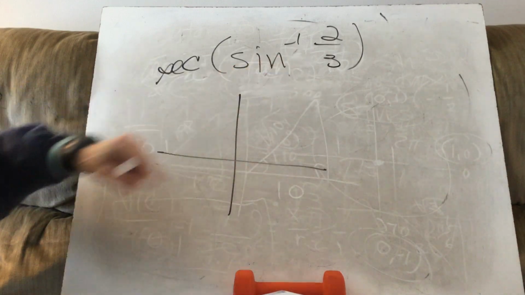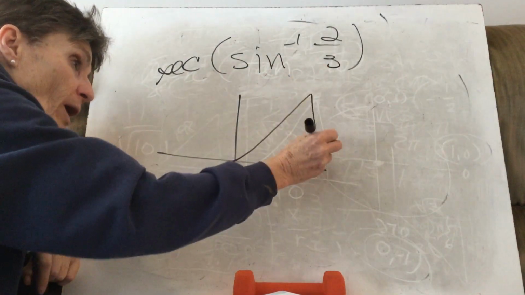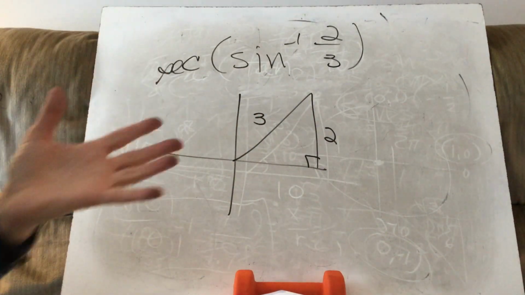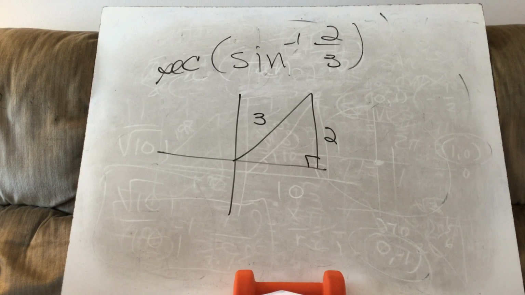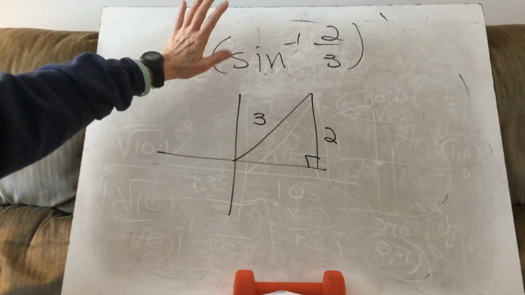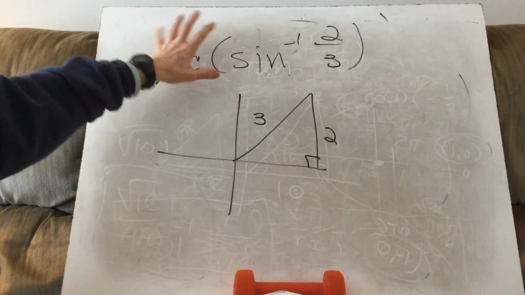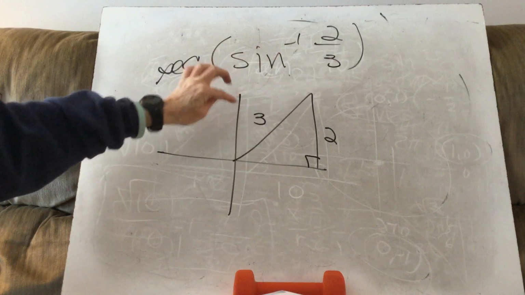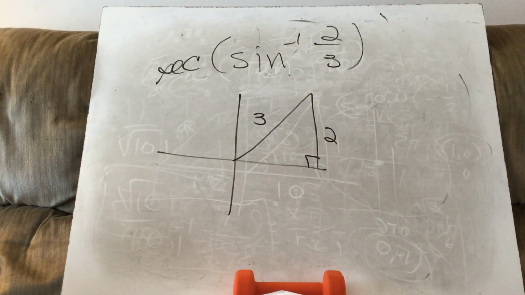But since that's positive, it's going to have to be in 1. And opposite over hypotenuse is 2/3. That's what the sine is. The sine is opposite over hypotenuse. So I'm not looking at this, I'm looking in the parentheses, drawing a picture of it. Opposite over hypotenuse is 2 over 3.